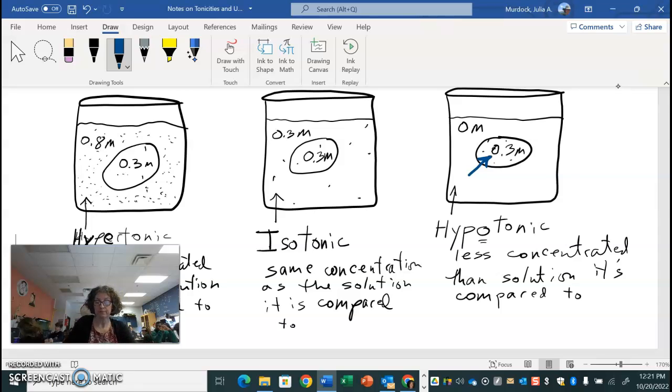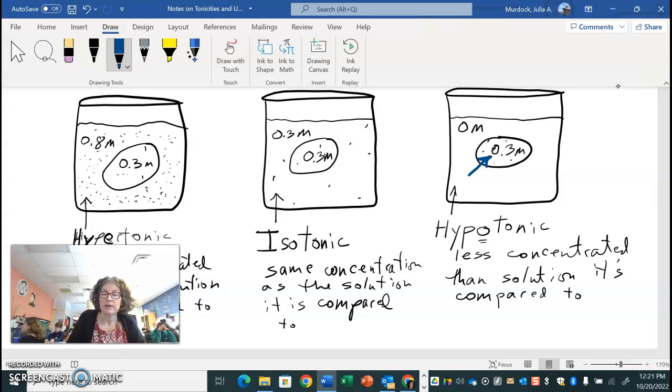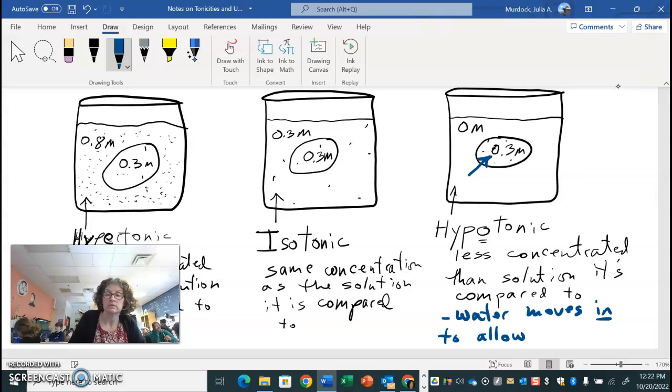So this cell, and in fact most animal cells in a hypotonic solution, will eventually burst because you can't ever reach equilibrium. So that's what would happen. In this situation, water moves in to allow equilibrium, right?